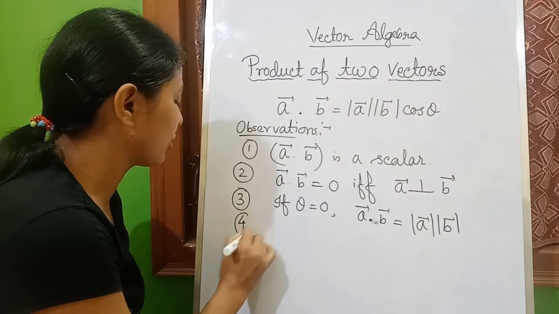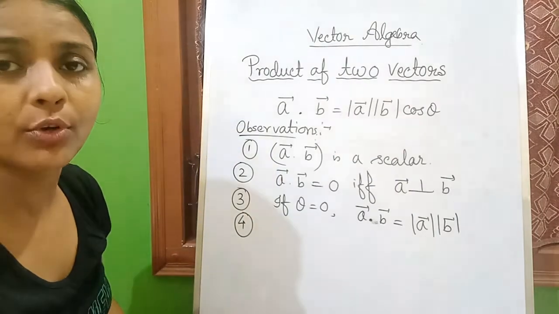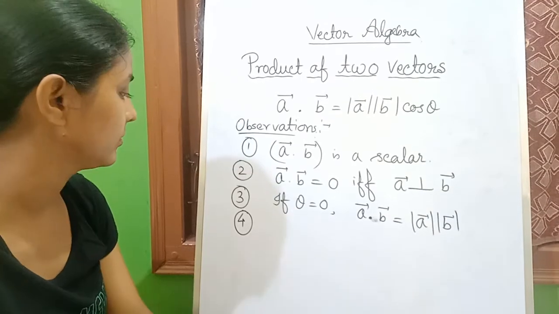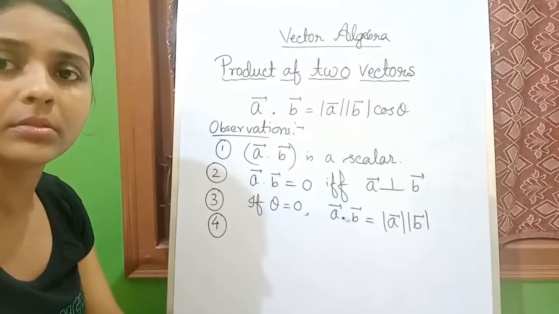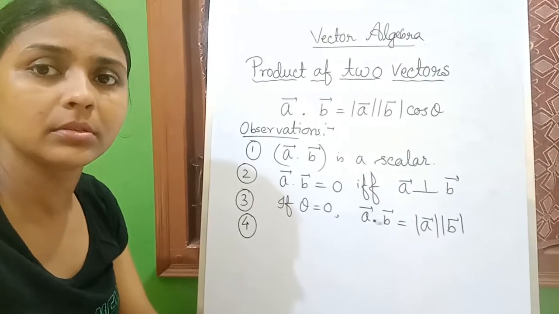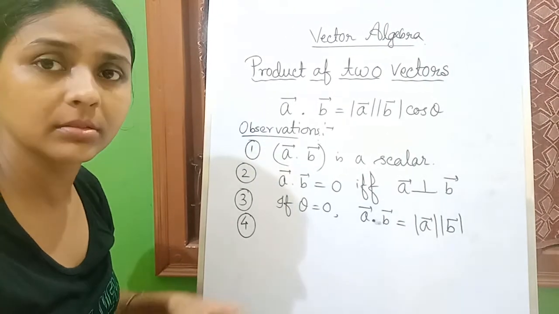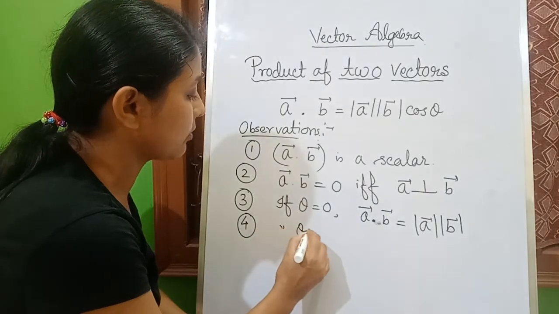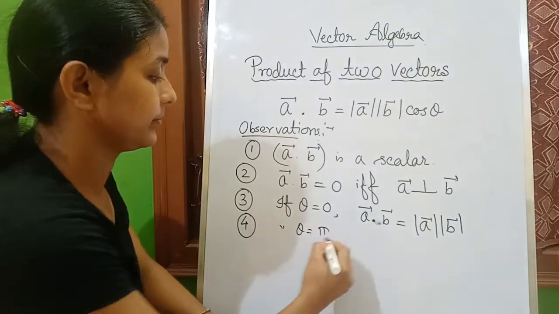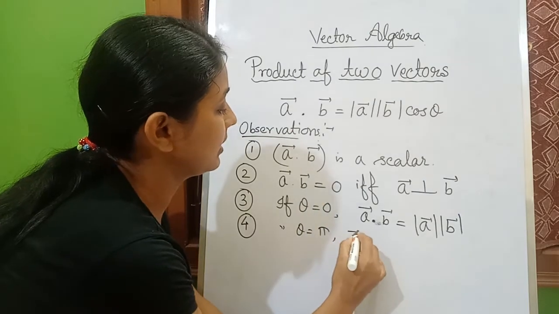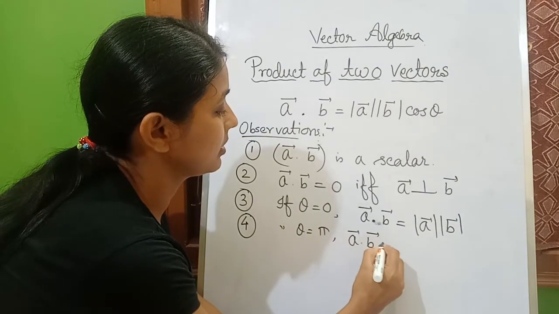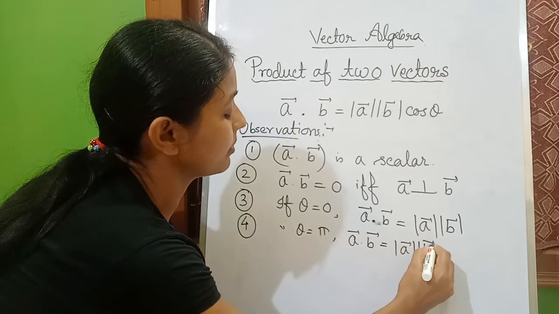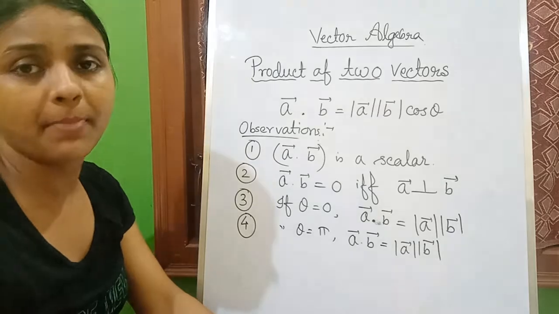Coming to number 4. Now if theta equals pi, then a dot b is equal to mod a into mod b cos pi.